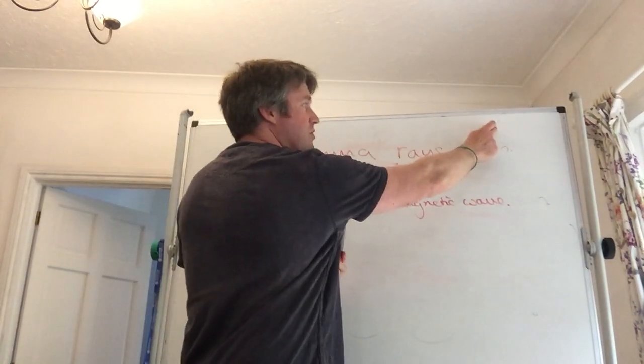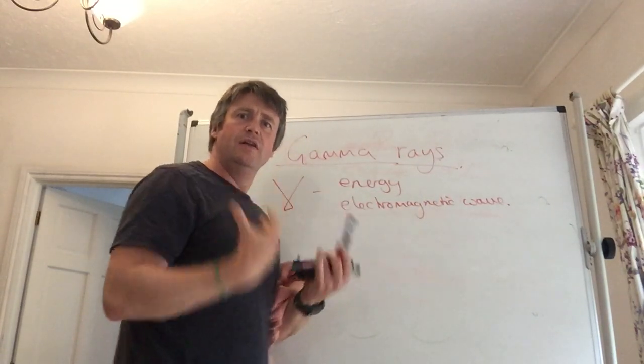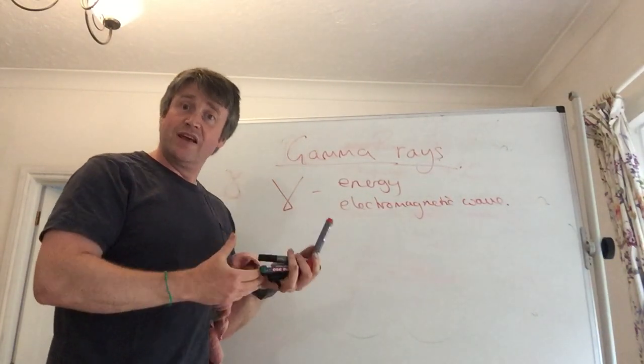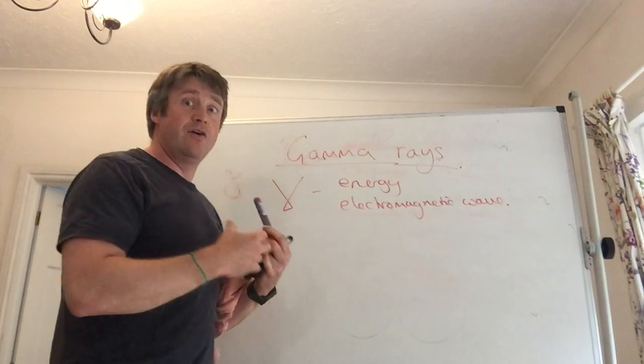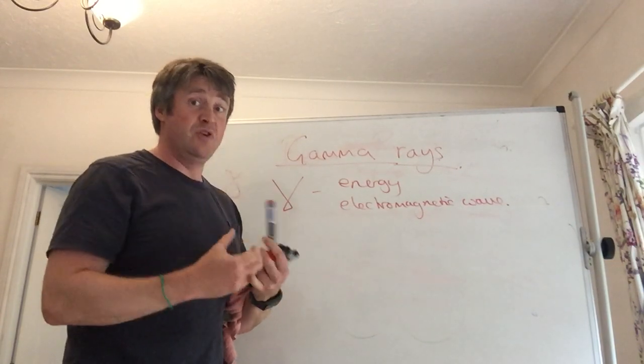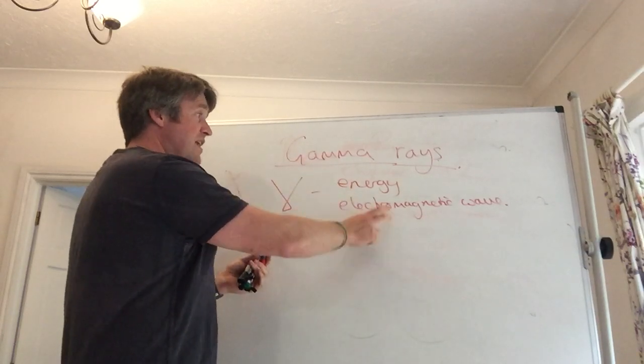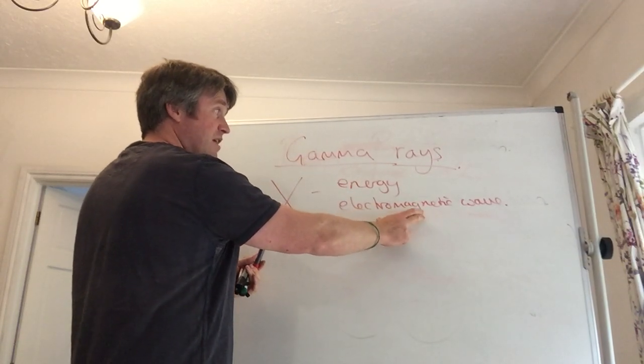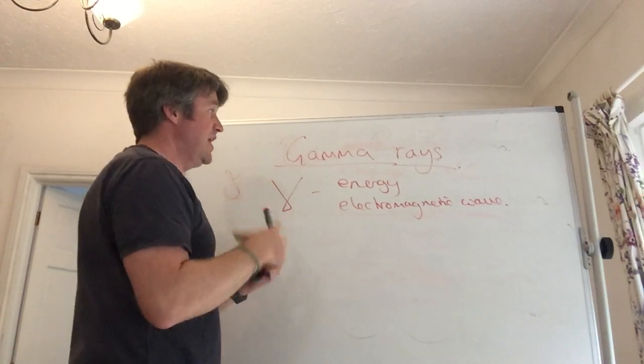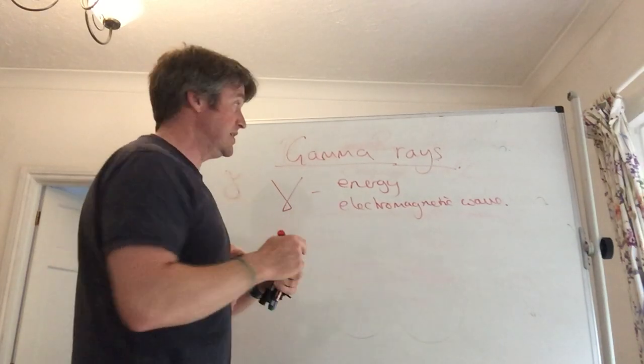And then you have gamma rays, very high energy. They're more dangerous than X-rays and UV light, and they are a type of nuclear ionising radiation. So it's a type of electromagnetic radiation, and it's energy that's emitted.